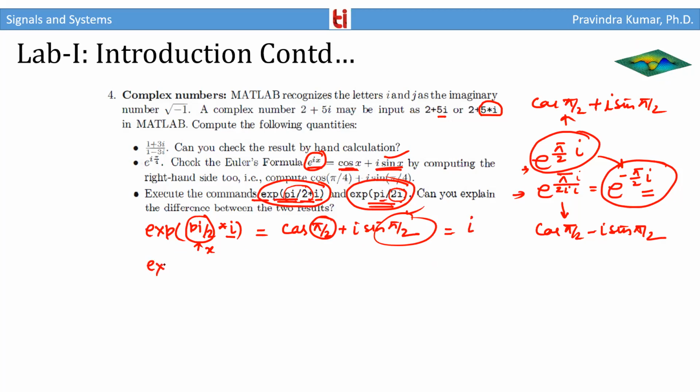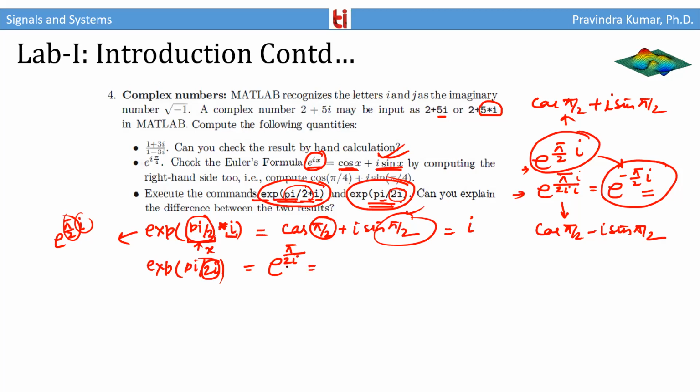Now, if I write exp pi by 2i, here the meaning is e to the power pi by 2i, and there the meaning was e to the power pi by 2 into i. So i into x, you have used this formula. But here 2i is combinedly known as a single term. But if you write the multiplication, it will read pi by 2 first, then multiply by i. So using that formula, it is 1.